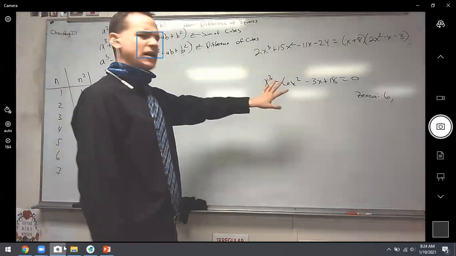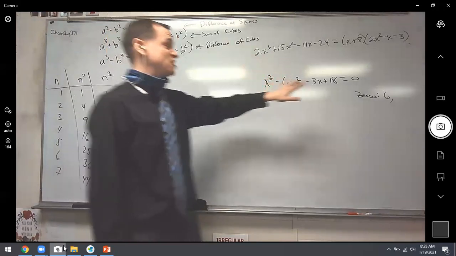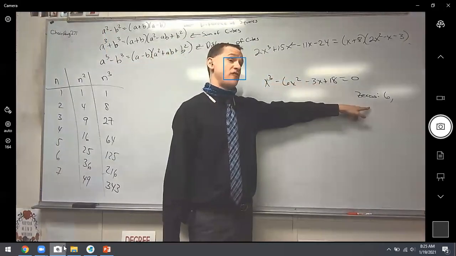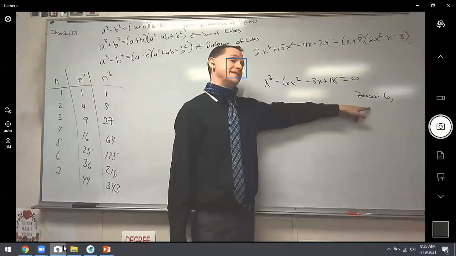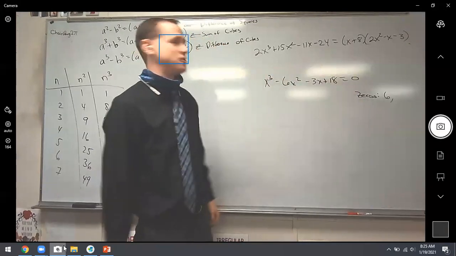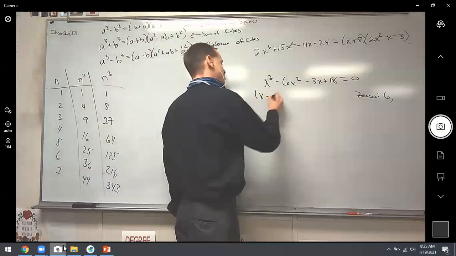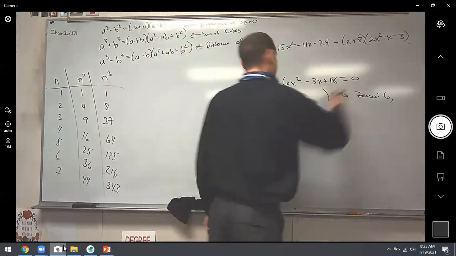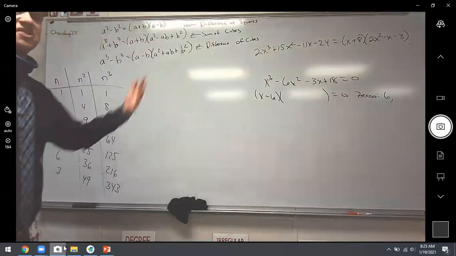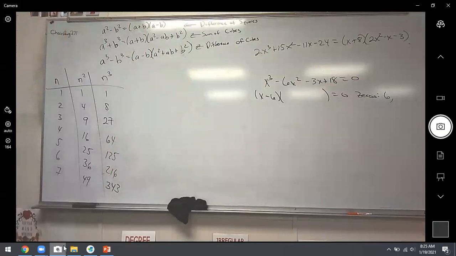So automatically, what's a factor that goes into this? If 6 is a 0, what's a factor? X minus 6. So x minus 6 goes into this. So right away, I can start factoring this into x minus 6 times something else. I don't know what. That's what the long division is for.